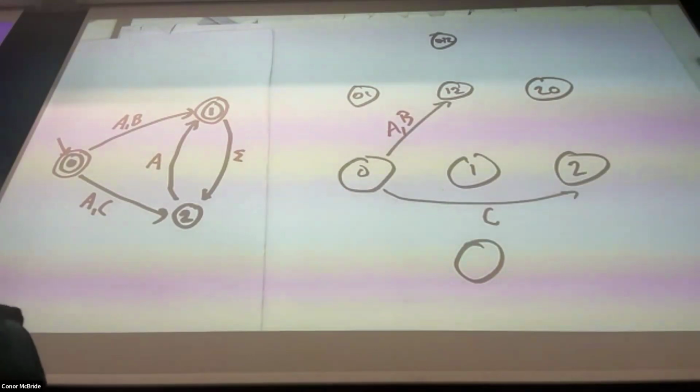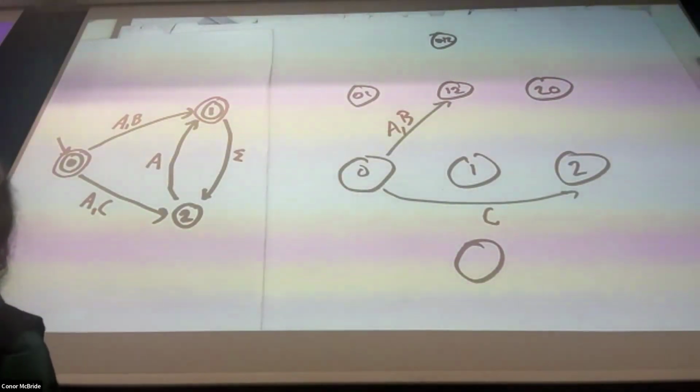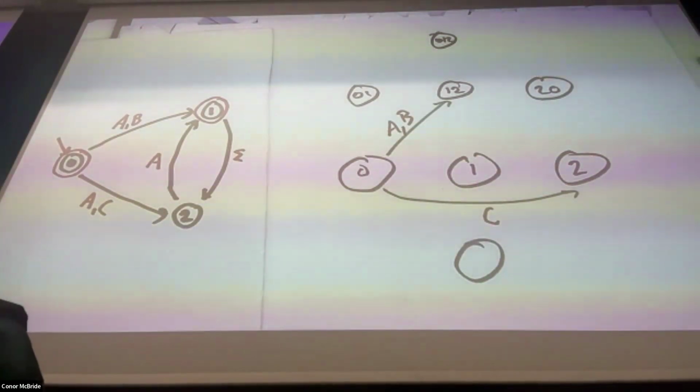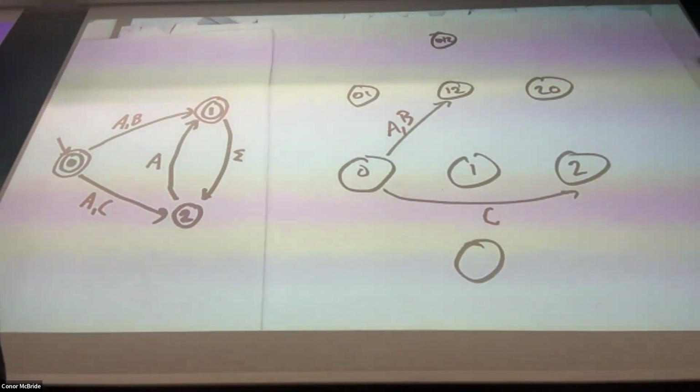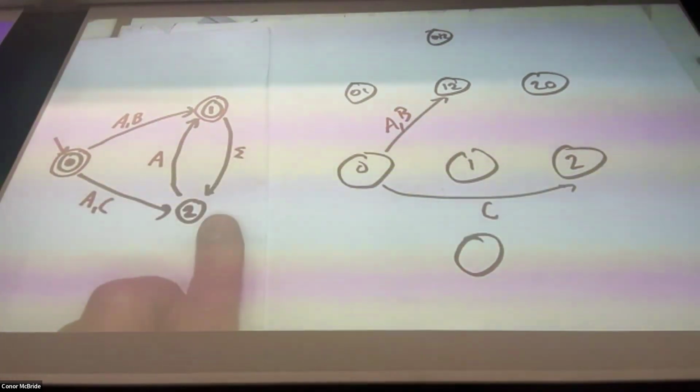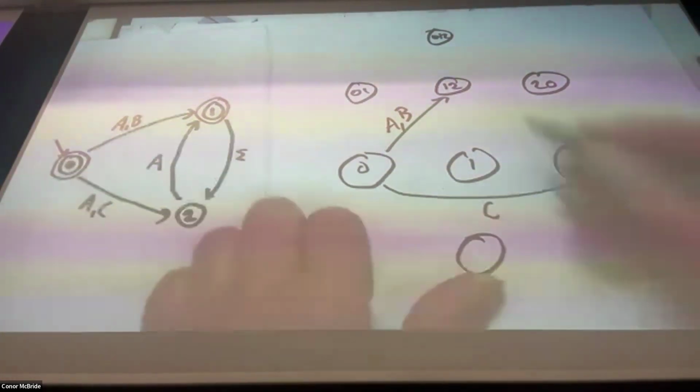Oh, yes, 1, right? The only transition we directly can make out of 1 is the epsilon transition, and then out of 2, we can only make an A transition and get back to 1. Yeah, but then we can do an epsilon again. Ah, yes. Yep. So you're right.